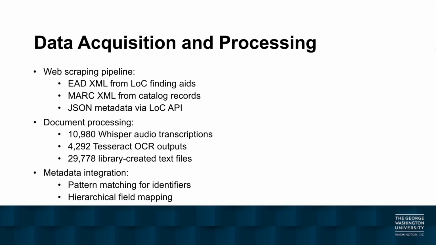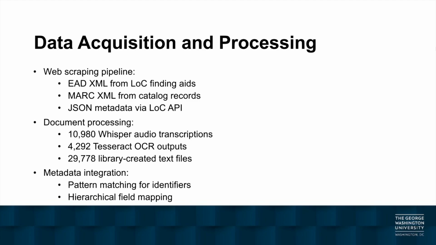But the real challenge, it was honestly pretty easy to do all that first stuff, but the real challenge came in metadata processing. We had to build a system that could extract and normalize identifiers from URLs in various formats, generate matching patterns for different resource types, and preserve the information between all of those components. So, for instance, when processing EAD and MARC records, we had to carefully map hierarchical elements like title, date, subject heading, while maintaining their context and source attribution.